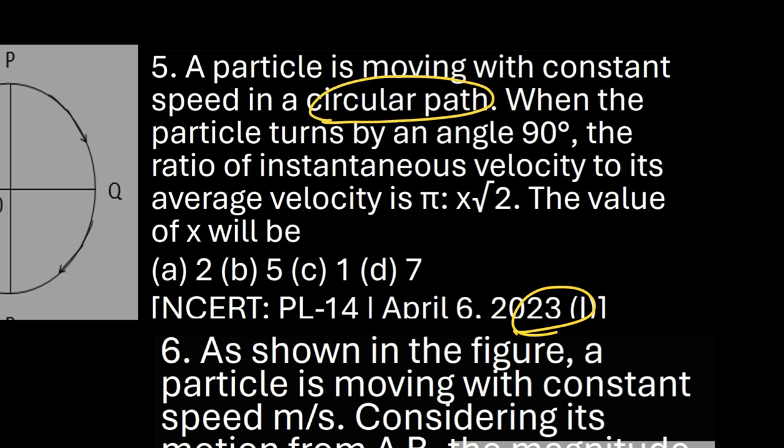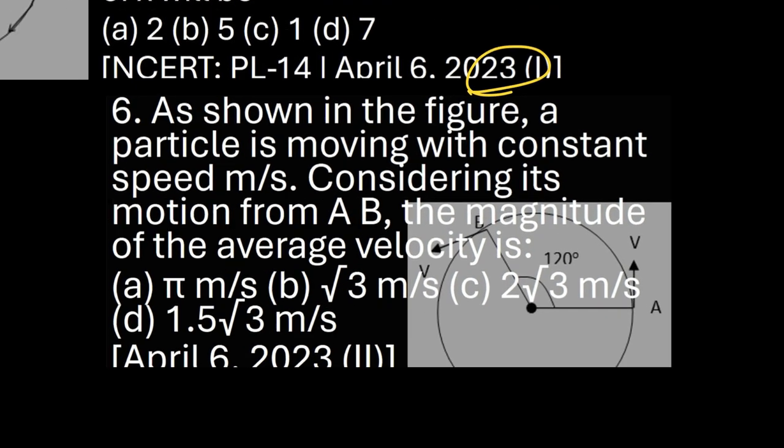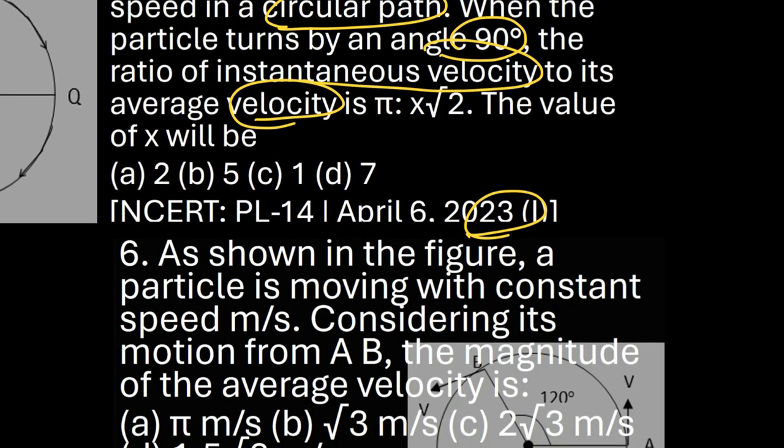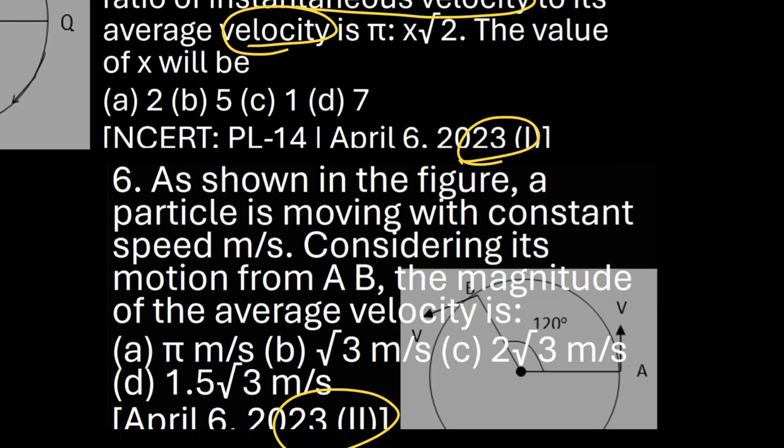What about 2023? A particle is moving with a constant speed in a circular path, turns by 90 degrees; find the ratio of instantaneous velocity to its average velocity. Although not distance and displacement, it is definitely based on displacement, right? This is in 2023 again, I think the same year, maybe a different day.